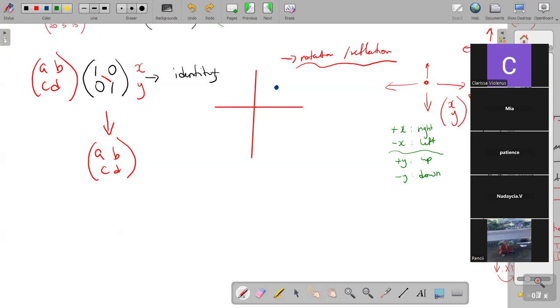But before I even get there, let me explain something to those who may not have learned this before. If I rotate from here to here, can anybody tell me what angle that is? How do I go from one quadrant to the next quadrant? That's a certain amount of degrees. How many degrees is that? Excellent job, class, 90 degrees, right? So that's 90 degrees from one to here. If it goes over here, what angle is that?